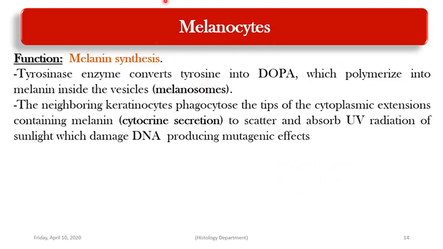What are the functions of melanocytes? The melanocyte is responsible for melanin synthesis. First, the melanocyte synthesizes tyrosinase with the help of mitochondria, Golgi, and the rough endoplasmic reticulum. Then this tyrosinase enzyme converts tyrosine into DOPA.